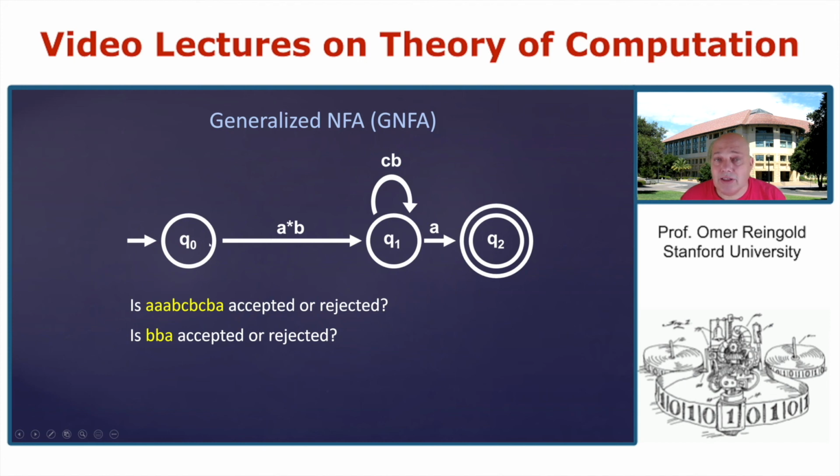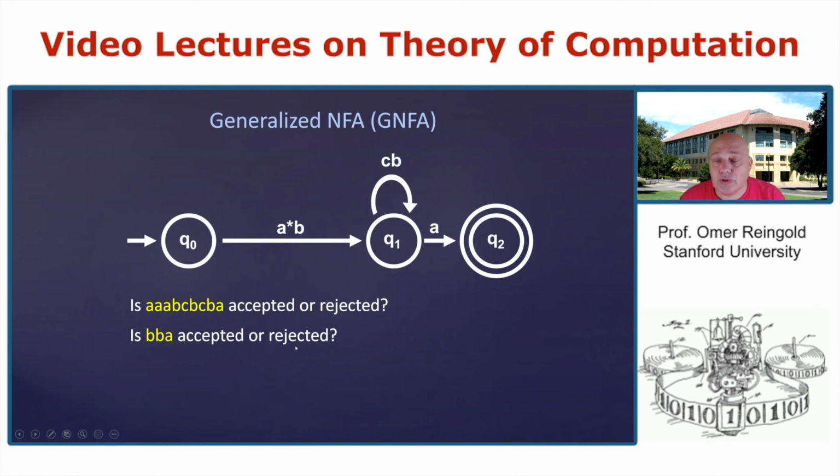How about BBA? B is still accepted by this. A star B matches the string composed only of B. Then you need to take a B, but you don't have a B anymore. You can have a CB here and an A here.